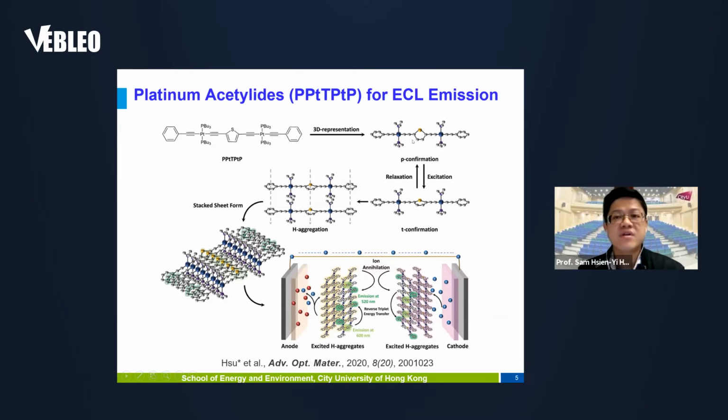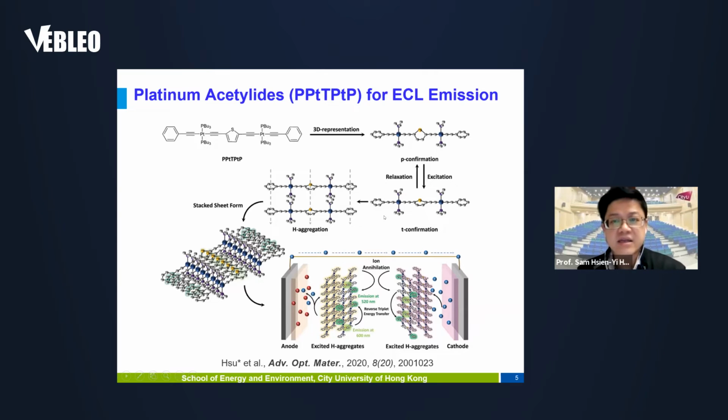Okay, so after excitation upon absorption of the light source, the configuration of this platinum acetylide is going to change from the P conformation to the T conformation. After relaxation, it changes back.